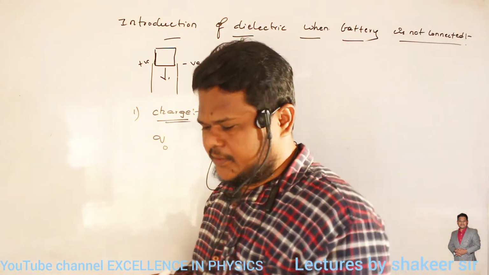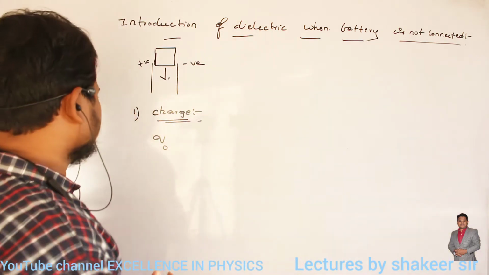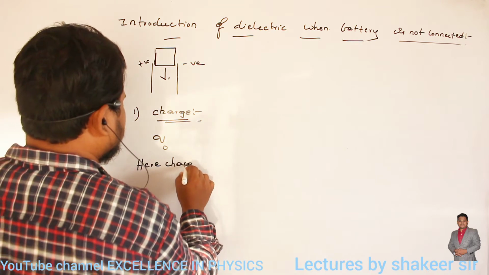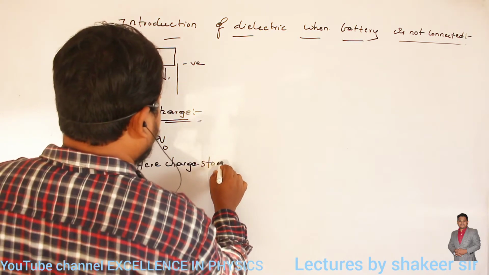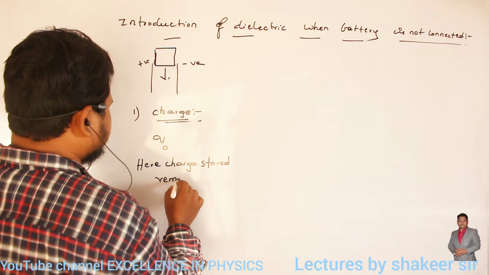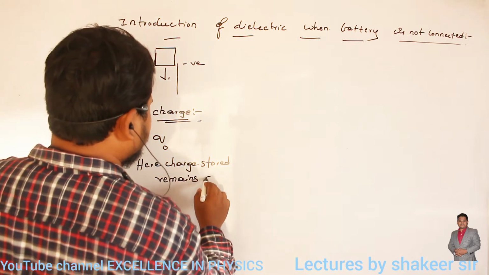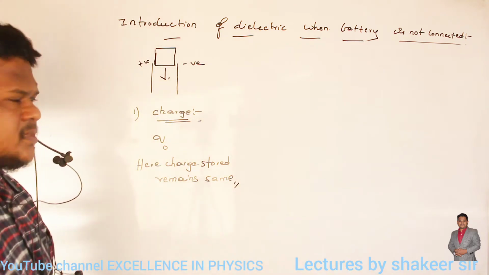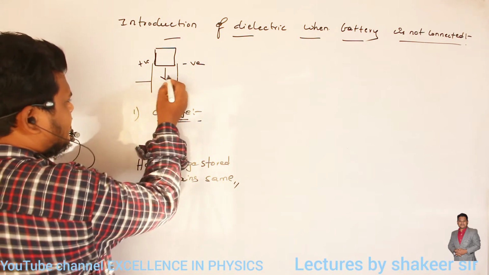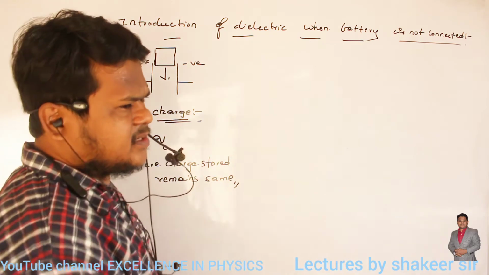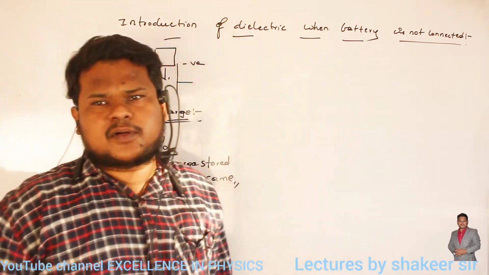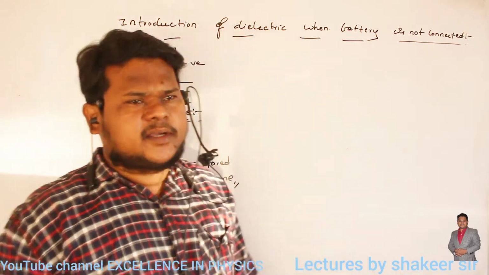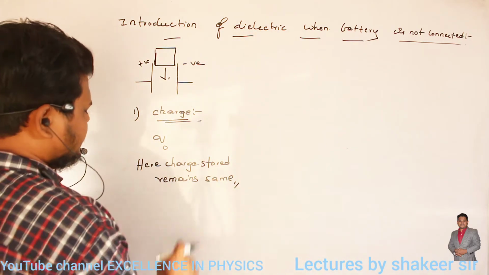Here the charge stored remains the same. Why? Because there is no connection of a battery. So the initial charge is the same as the final charge stored. According to the law of conservation of charge, you cannot increase or decrease charge, so the total charge remains the same.